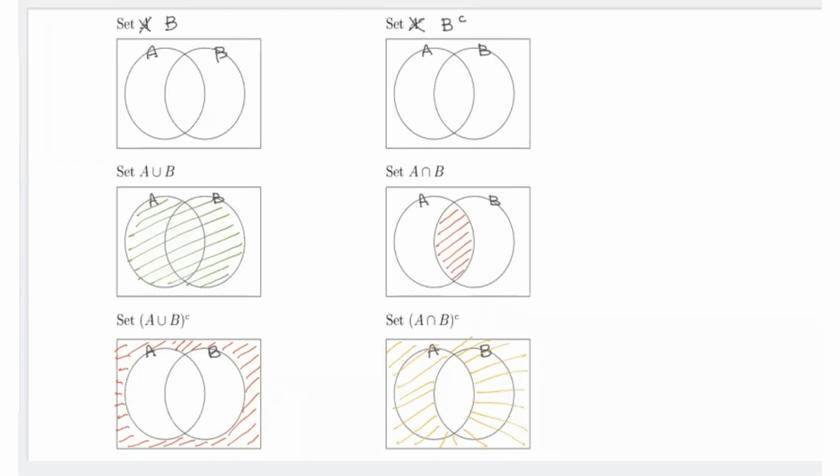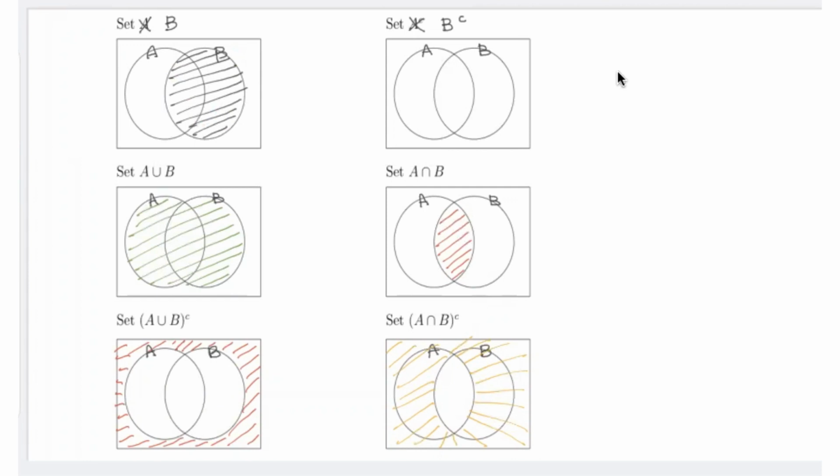Complement is outside of B. Okay, set B, where is the set B? Where is the B complement? Outside of the circle. Okay, so set B, let's do it together. Set B is the circle of the B part.